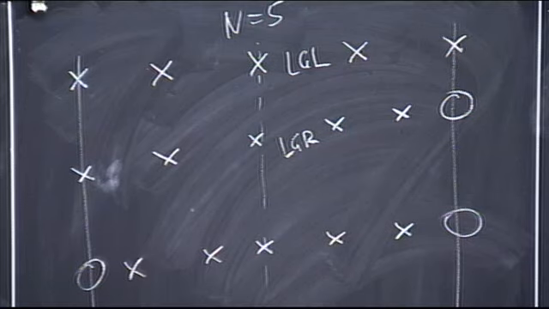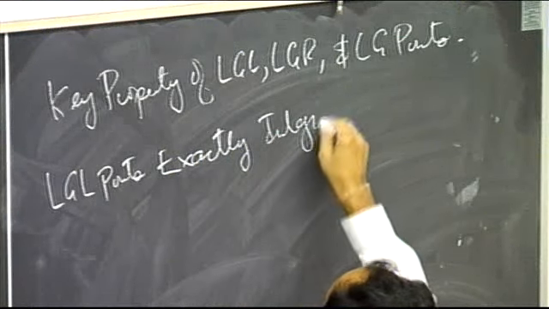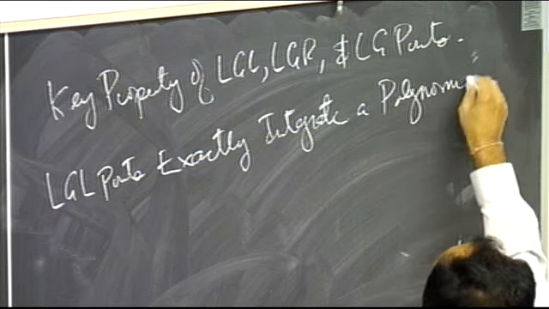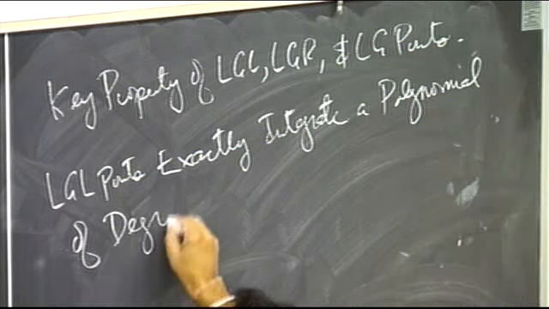So, and then we'll talk about optimal control for a minute, and then we'll stop, which is that the key property of LGL, LGR, and LG points, which is that the LGL points exactly integrate a polynomial of degree 2n minus 3 using n points.